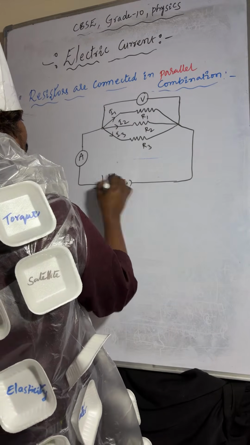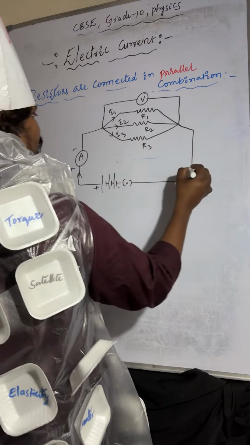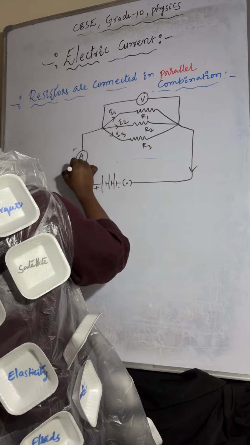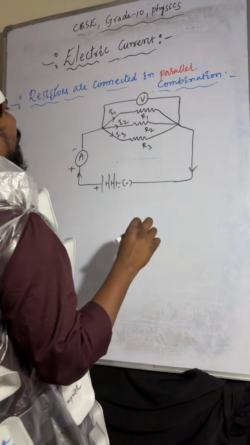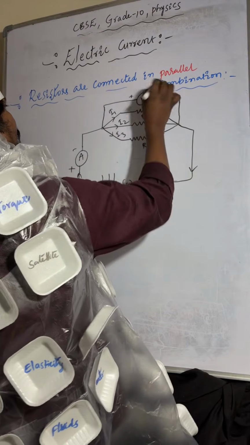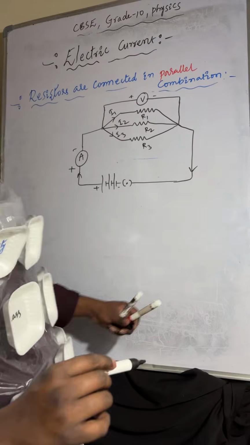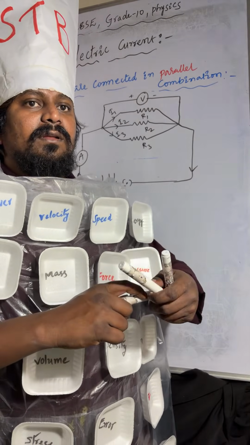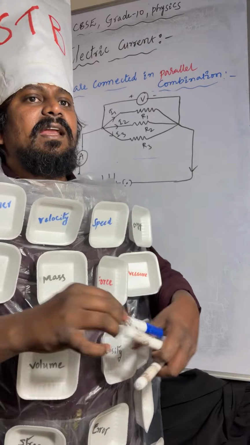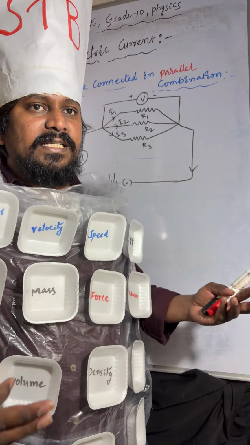From the positive terminal to the negative terminal, current is flowing. Now we can observe resistors connected in parallel combination.